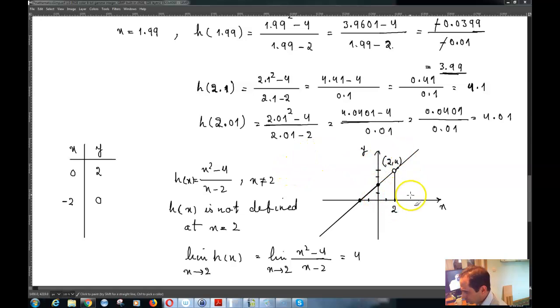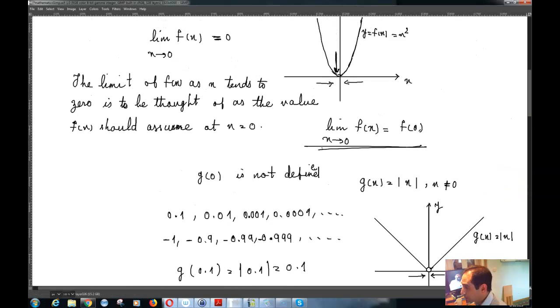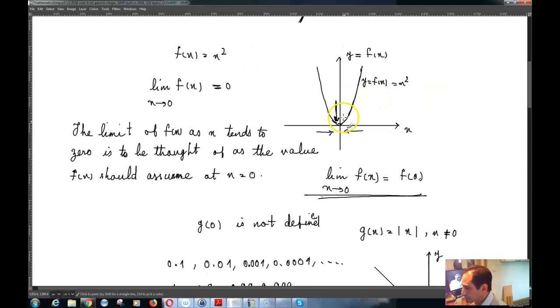Now, in all of these illustrations that we had so far, we had this example where f of x was equal to x squared, and we wanted to find the limit of f of x as x was tending to 0. You can see that as you're getting closer to 0 from the right or from the left, f of x is tending to 0, meaning that it doesn't really matter from which side you're getting close.